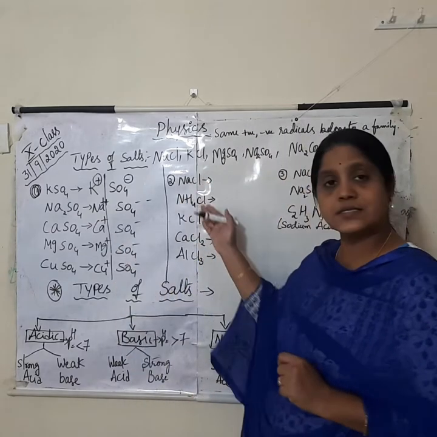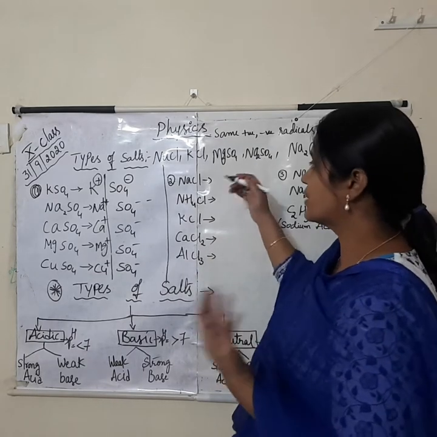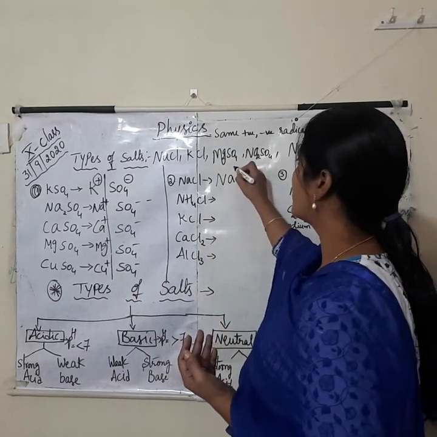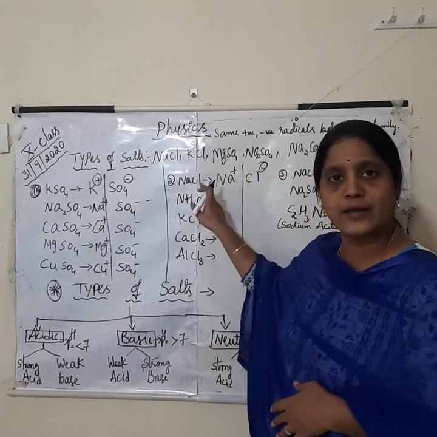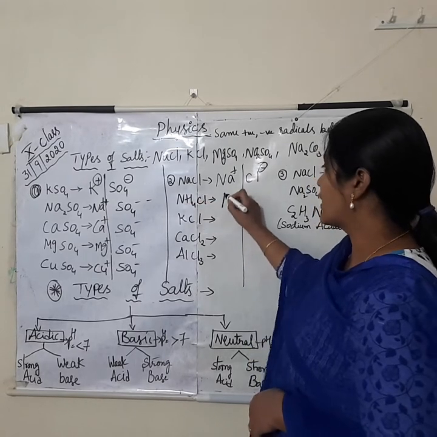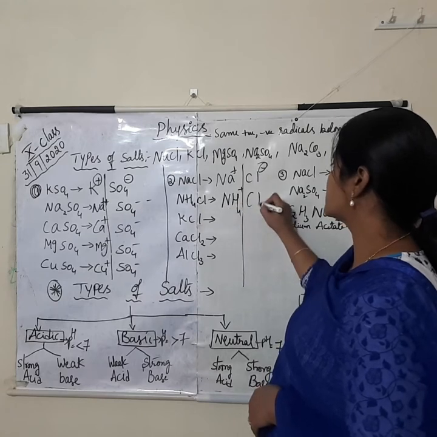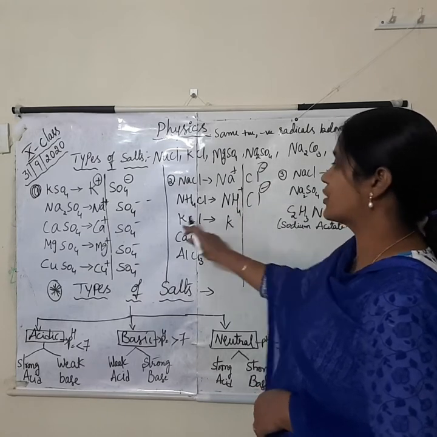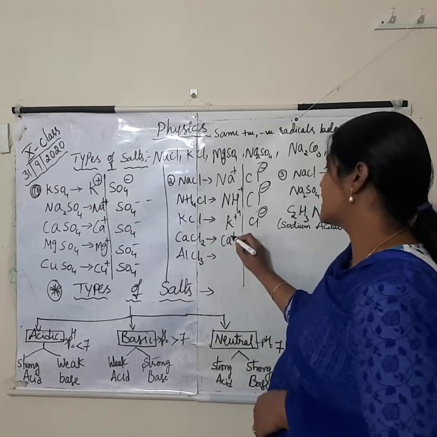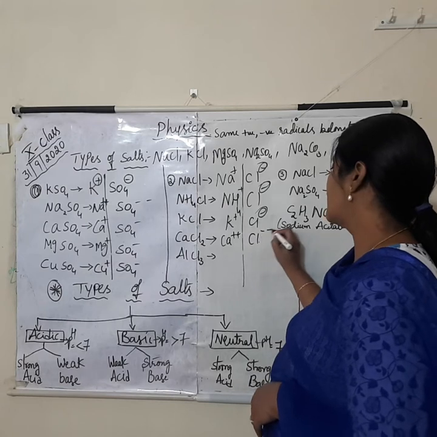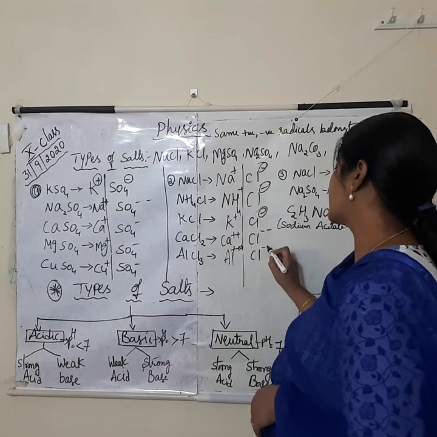Now coming to the second example. Here is another group of salts. Again, when you split them, sodium chloride is Na plus and Cl minus. Next, ammonium chloride, NH4 plus and Cl minus, and KCl, potassium chloride, K plus and Cl minus, calcium chloride, Ca plus plus and Cl minus minus, and Al plus 3 and Cl minus 3.